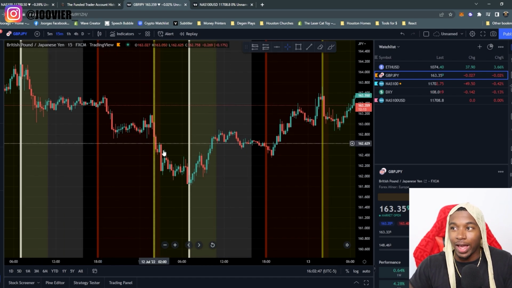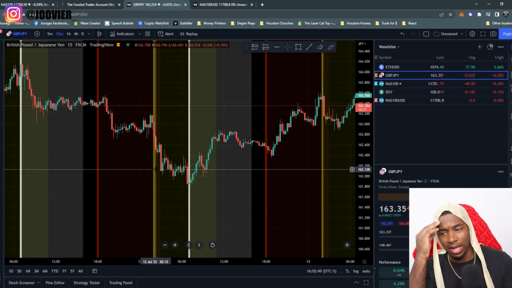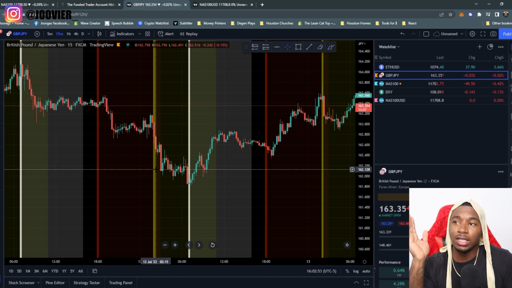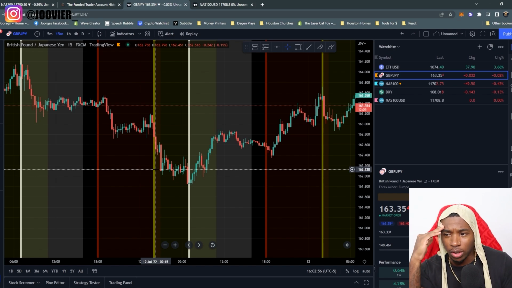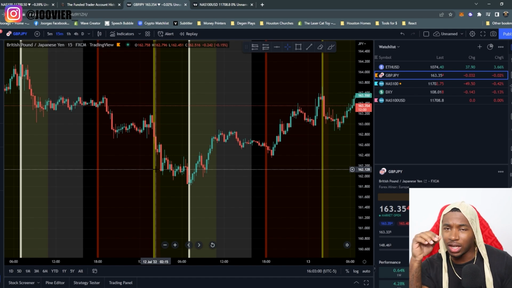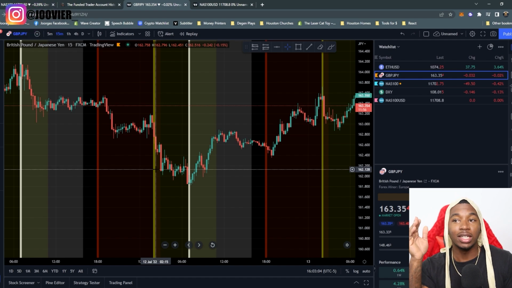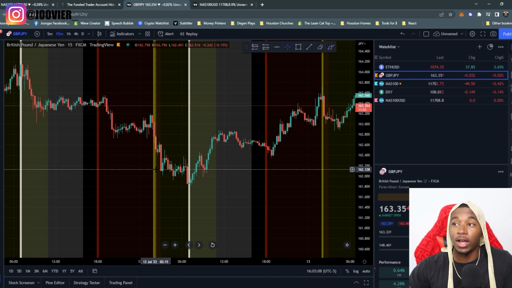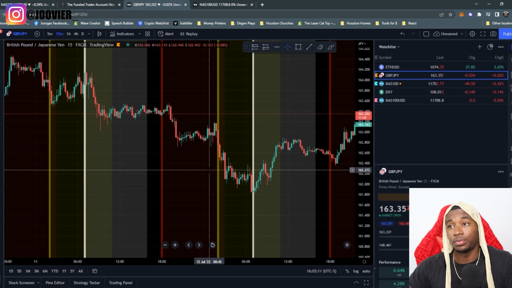If I never had this tool, I would never have been thinking, dang, every time it's in the yellow it's consolidating. Then as soon as the New York session starts, around 7:30, 7:40, maybe 8:30, it breaks out of the consolidation and goes crazily in that direction. So I found this tool has been extremely valuable for me.